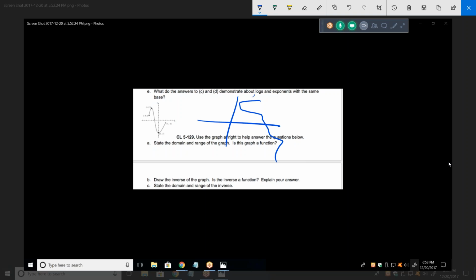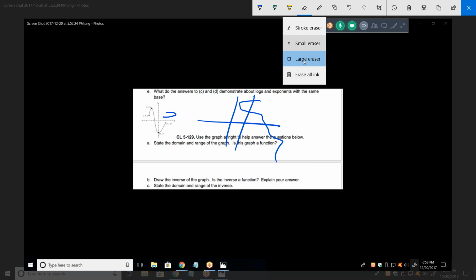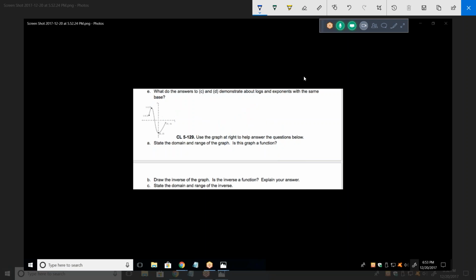In other words, it will no longer pass the vertical line test, because it'll have something like that. I don't know. Like I said, I'm not real good at doing graphical inverse functions by hand. I can do them mathematically, but it's real hard for me to do them visually. Yeah. Okay.